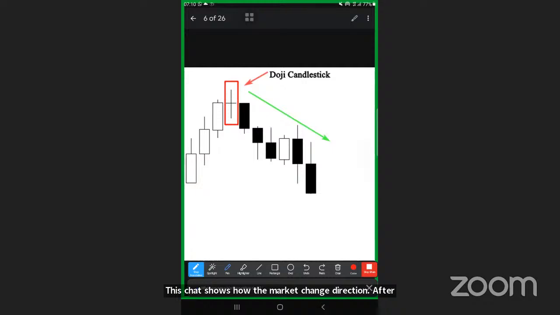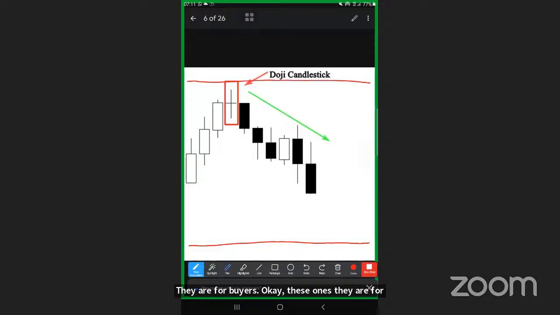Can you see that the market is trending from the downside going up? Can you see these candles? They are for buyers. These ones are for sellers. So the market is coming from the downside going to the upper side.